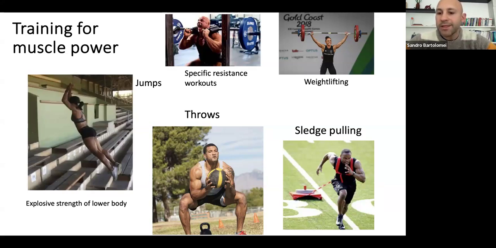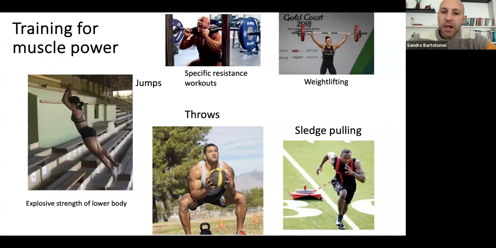It's typical the sledge pulling sprint. So basically, for a sprinter you sprint, which represents the competitive exercise, but you increase the load. So you pull a sledge. This is called specific training because you try to reproduce the competitive exercise by introducing something that increases the stimulus of the same exercise.